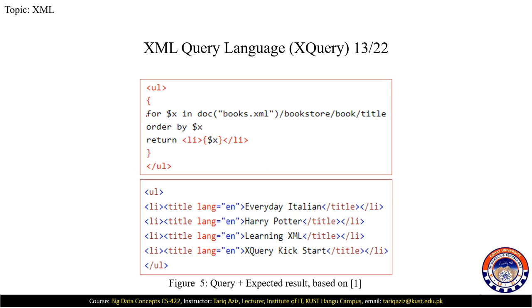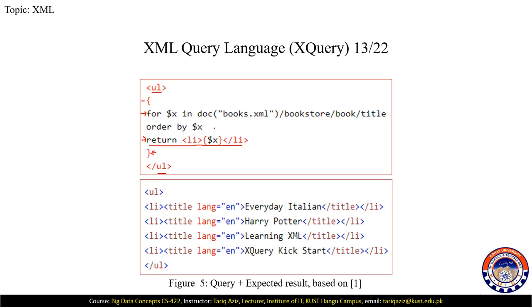The same query, okay, nothing new from this point till this point. It's the same previous query, nothing new. But what we did, we enclosed this whole query into the opening UL tag and closing UL tag. This is the opening brace and this is the closing brace of the UL tag. And then look at this statement. It's important. Now we want to return the result.